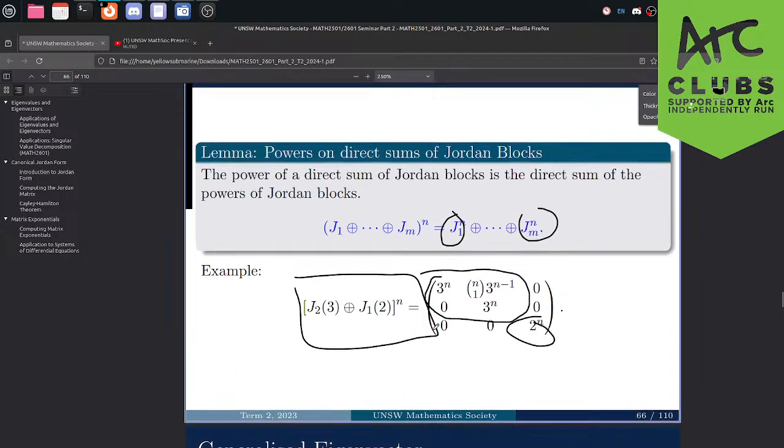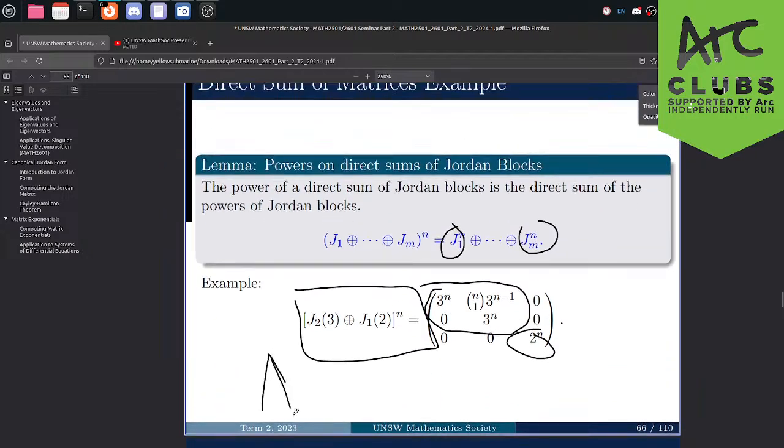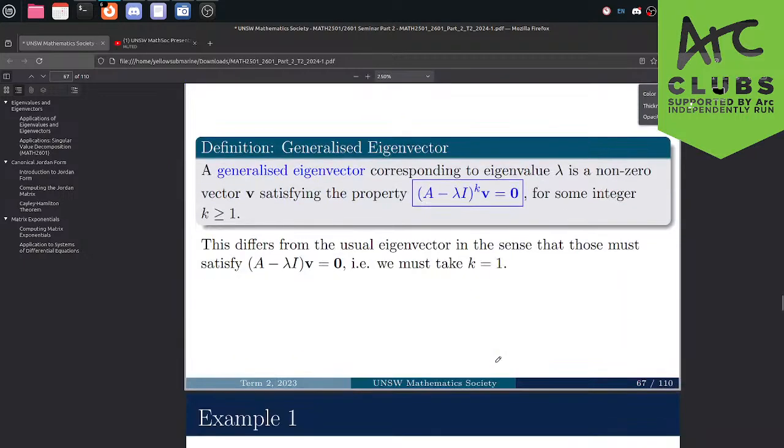This is going to be really useful because we're going to show that you can write any matrix as the sum of Jordan blocks. So maybe something like this. And so when you exponentiate it, you can exponentiate the individual terms.